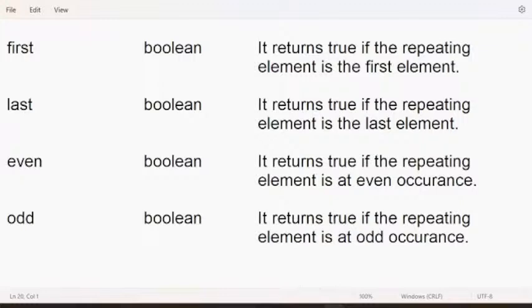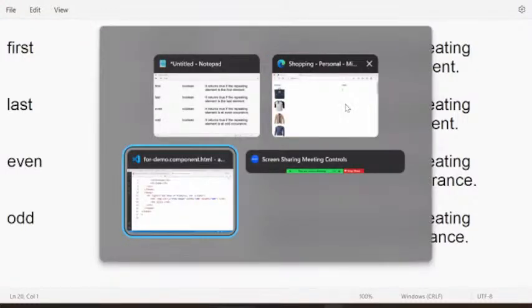For example, let's see here. I'm going here and declaring. You have to declare in this ngFor only. In this ngFor, index is already declared.